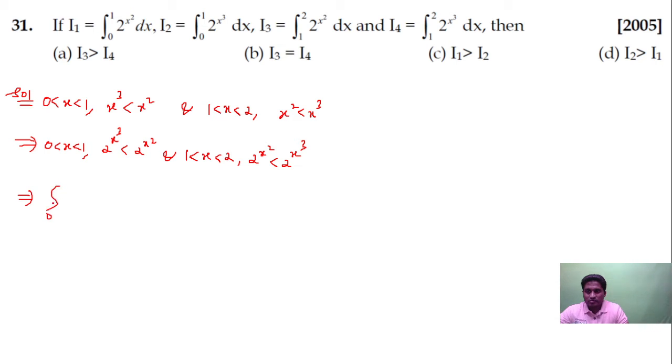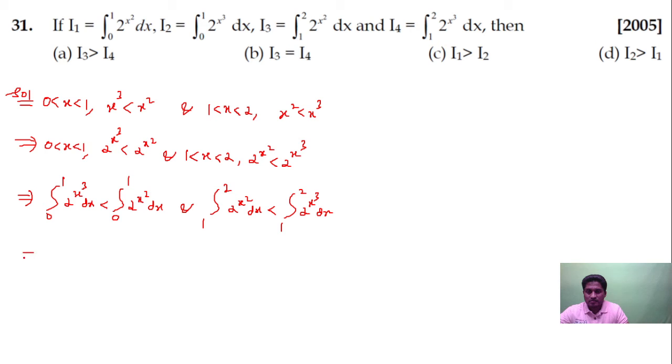So integral 0 to 1 of 2 to the power x cube is less than integration 0 to 1 of 2 to the power x square. And integration of 1 to 2 of 2 to the power x square is less than integration of 1 to 2 of 2 to the power x cube.